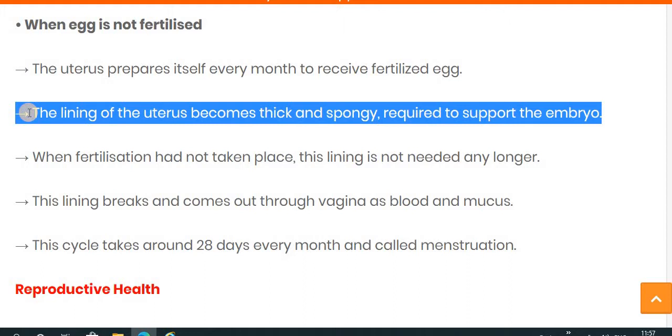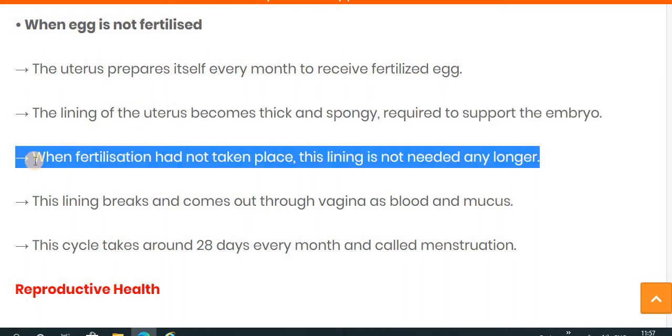Why does the uterus prepare itself? Because if fertilization takes place, the embryo comes from the fallopian tube to the uterus, and here it develops. For support, it requires a spongy thick lining which supports the embryo.